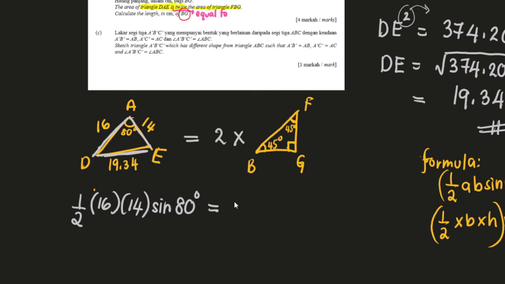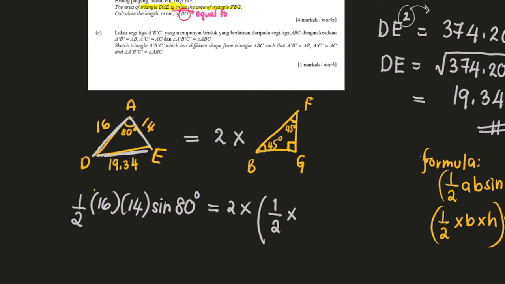So 2 times, this one we can use the right angle triangle formula, which is 1 over 2 times... Look at this triangle, BG and FG. Do we have the values or not? If you realize, there are no values given for BG and FG. And right now, you don't need to use sine rule or cosine rule to find them.